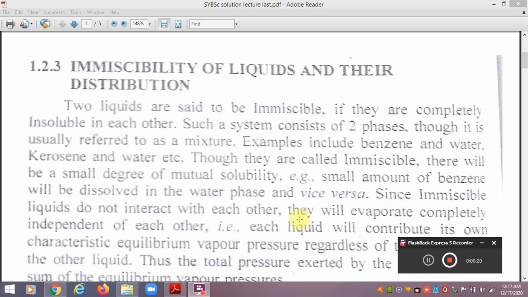Dear friends, right now from the first lecture on this solution, we discussed the various types of solution.